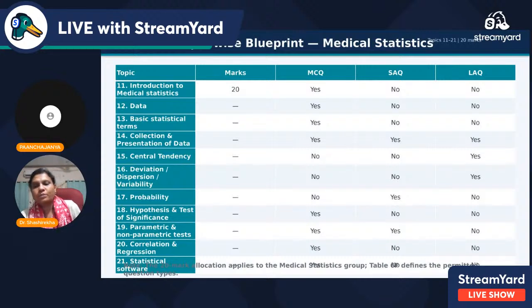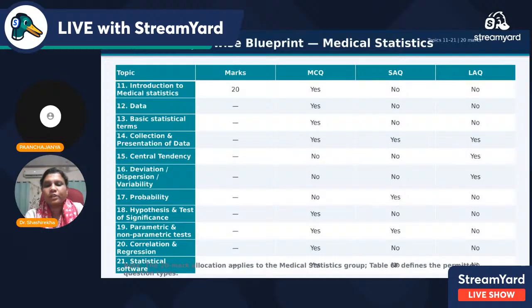So that is where it is important, statistical software, and that will be asked as MCQ. So most of the questions here you will get under MCQ, very few in SAQ. And like data, central tendency, and measures of deviation, this you may get for 10 marks.